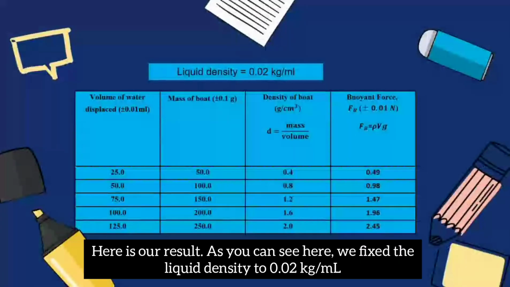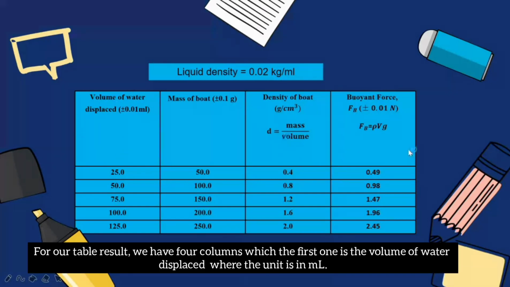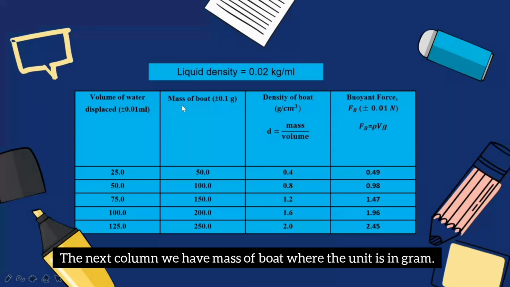Here is our result. As you can see here, we fixed the liquid density at 0.02 kg per ml. For our table of results, we have 4 columns. The first one is the volume of water displaced, where the unit is in ml. The next column is the mass of boat or mass of object, where the unit is in grams.